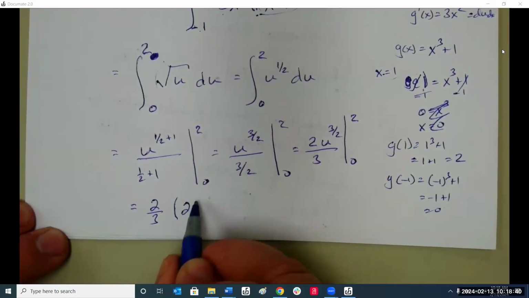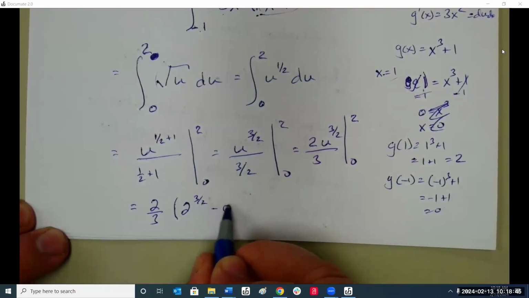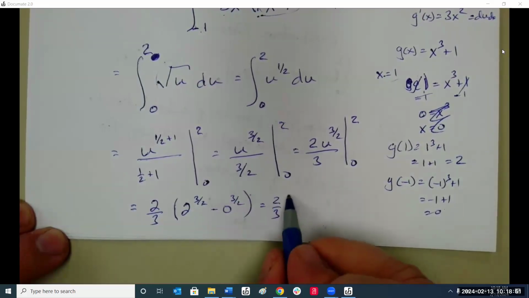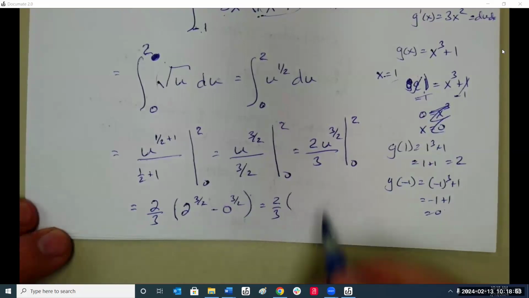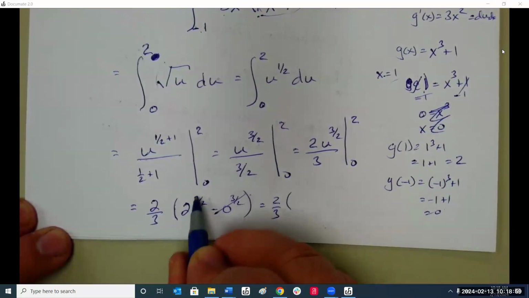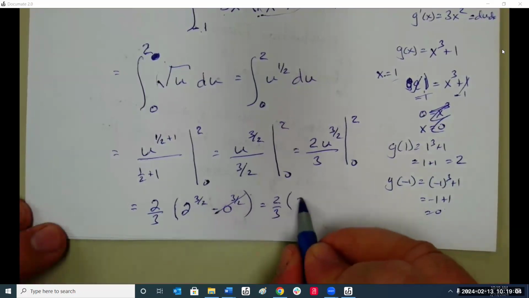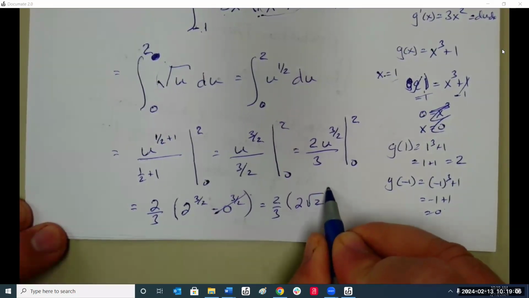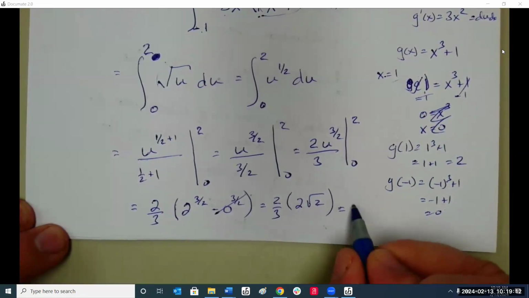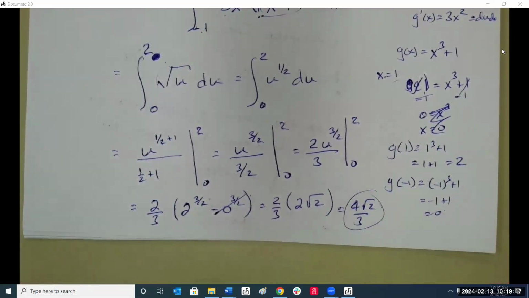We have 2 to the 3/2 minus 0 to the 3/2, and that was 0. 2 to the 3/2 is the square root of 8, which makes it 2 square root of 2. Times 2/3 makes it 4 square root of 2 over 3. So that's the area of that one.